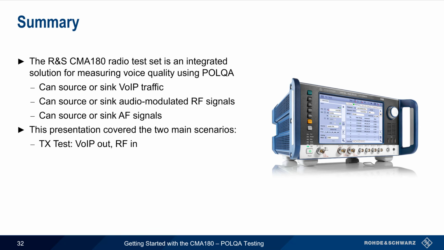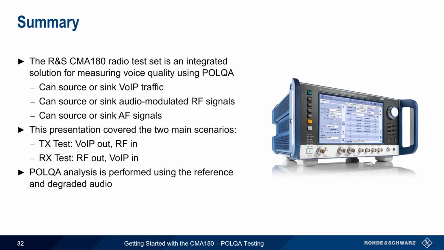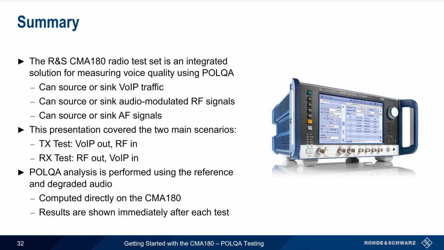The first was transmit testing, in which the CMA sources VoIP packets and syncs an audio-modulated RF signal. The second was receive testing, in which the CMA transmits an audio-modulated RF signal and receives the degraded audio through a voice-over IP connection. In both cases, POLQA analysis is performed using the reference and degraded audio files, and this is done directly on the CMA180, with results displayed immediately after each test.